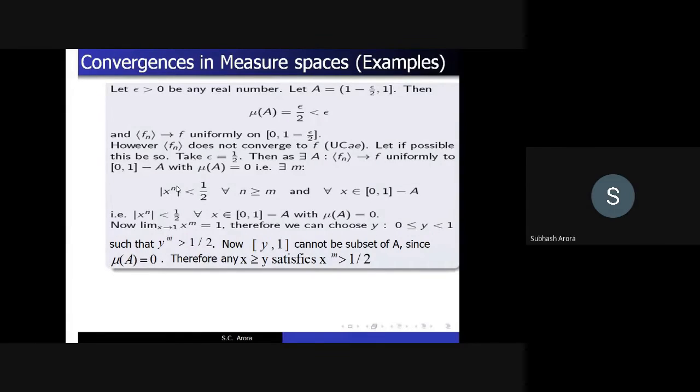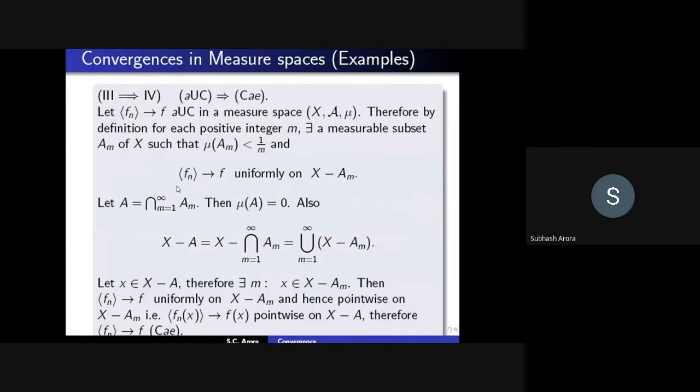So this follows that third may not imply second, right? Okay. But third implies fourth: almost uniform convergence implies convergence almost everywhere.